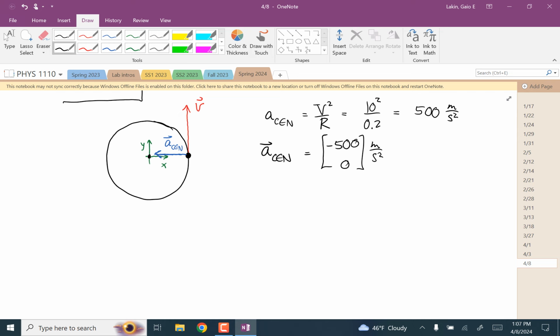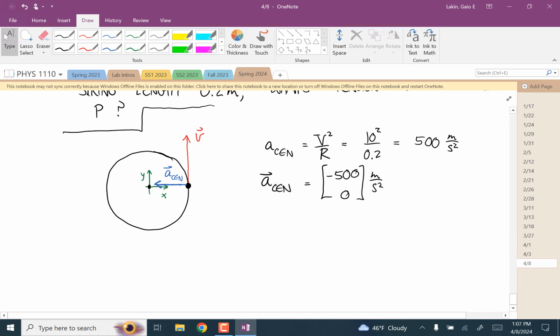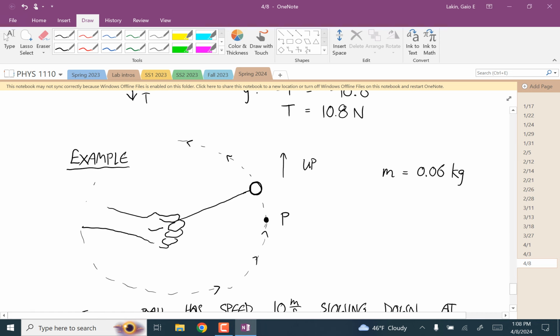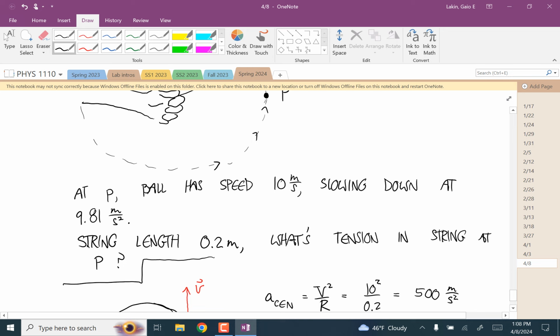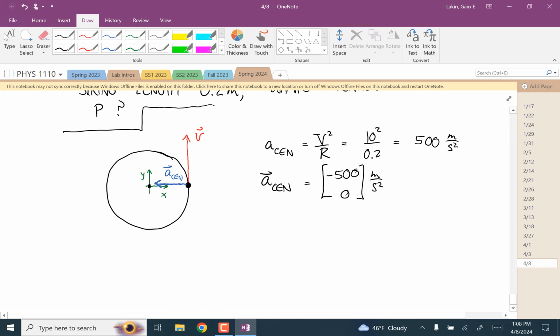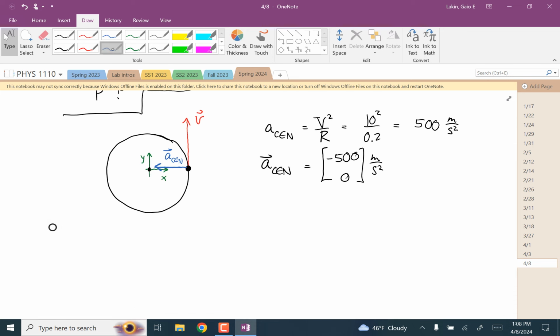Okay, next, this one there is a speed change, so we are going to have a tangential acceleration. So draw the direction of the tangential acceleration and then use what you're given to come up with the components of the tangential acceleration. All right, well, it says in the setup to the problem that it's slowing down at 9.81 meters per second squared. So if it's slowing down, the tangential acceleration is opposite the velocity.